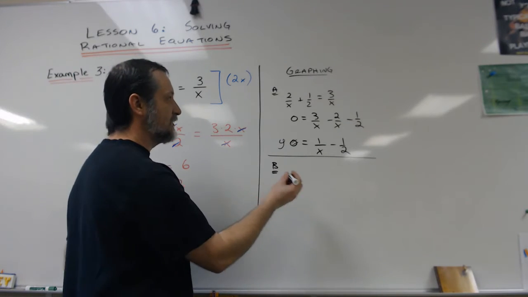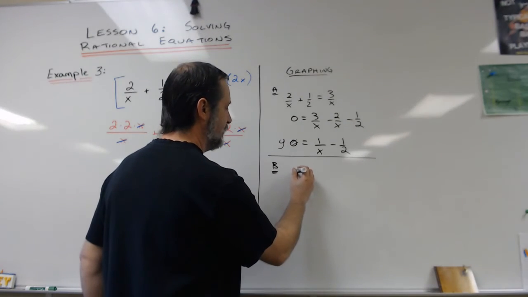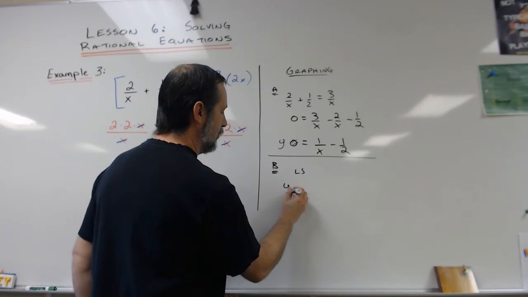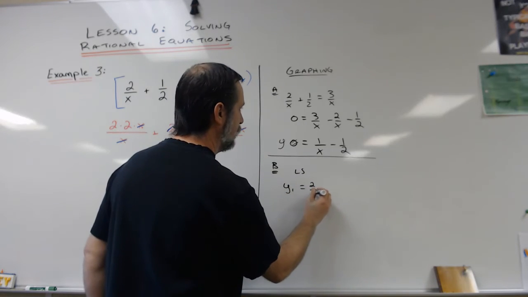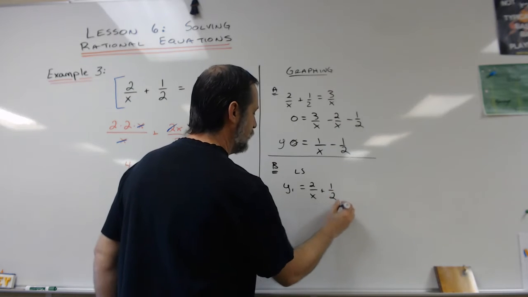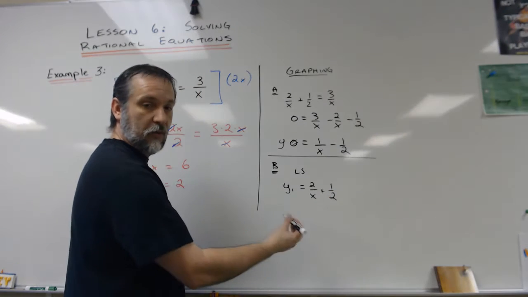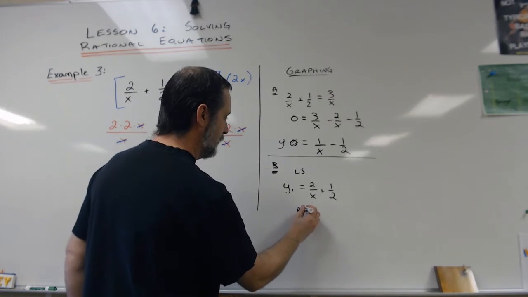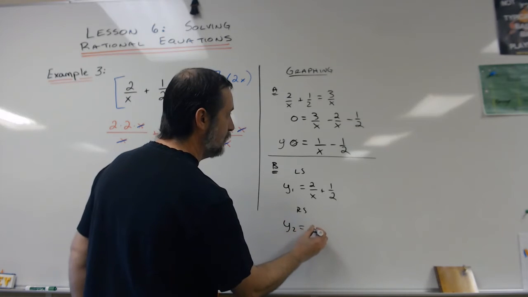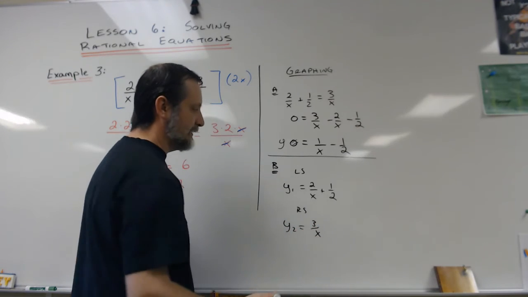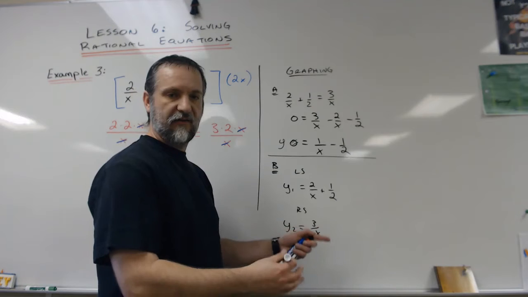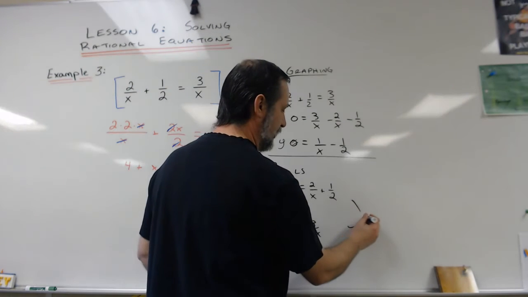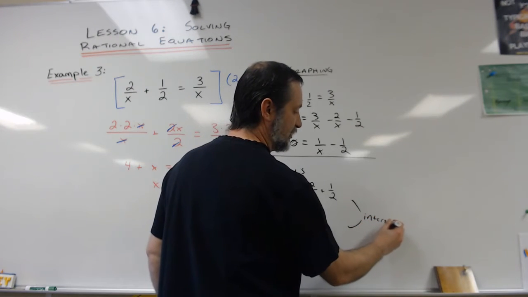So I'm going to keep left side and right side. I'm going to graph my left side as y1, which is 2 over x plus 1 over 2. I'm going to graph my right side as y2, which is equal to 3 over x. And I graph that line, and then between these two I look for the intersection.